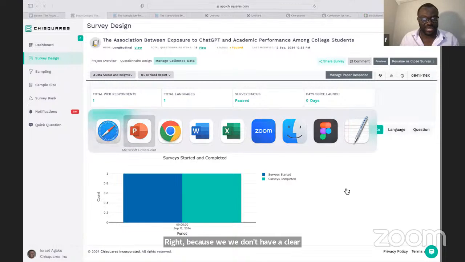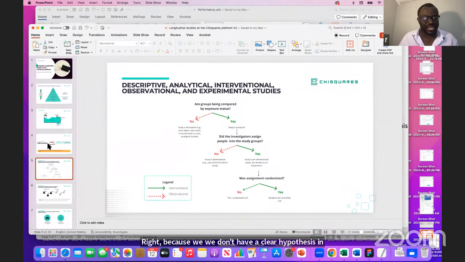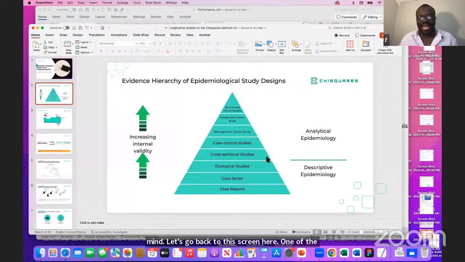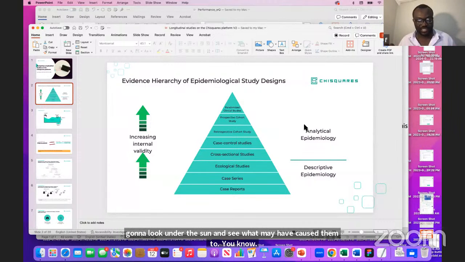Let's go back to this screen here. The name here, analytical, means that there is a hypothesis. It is hypothesis driven, right? It's not just saying, oh, we're going to look under the sun and see what may have caused them to; there is a clear distinction into groups, exposed or non-exposed, right?